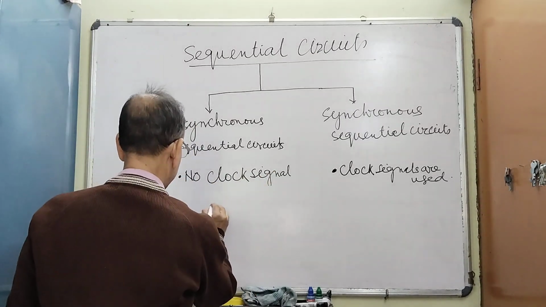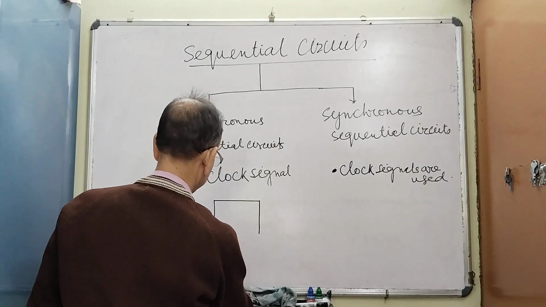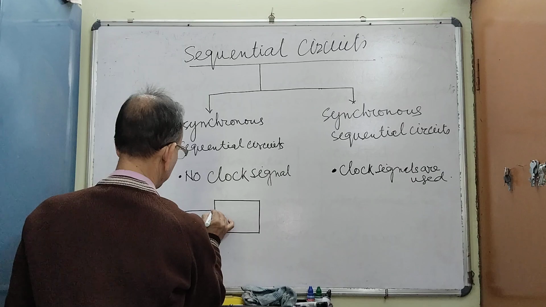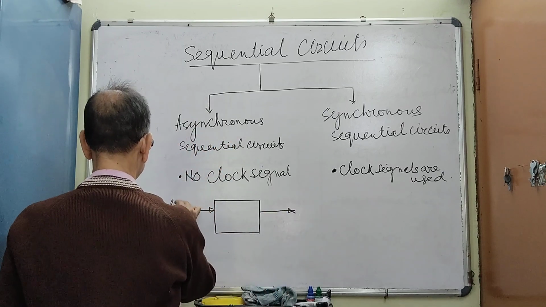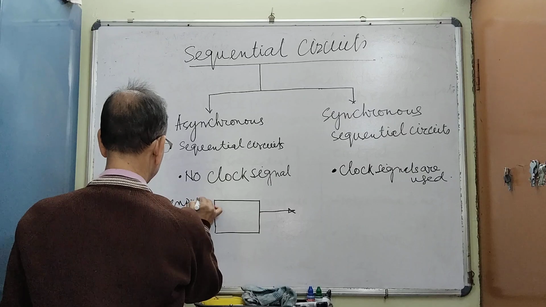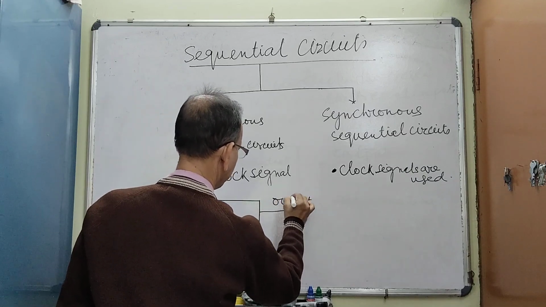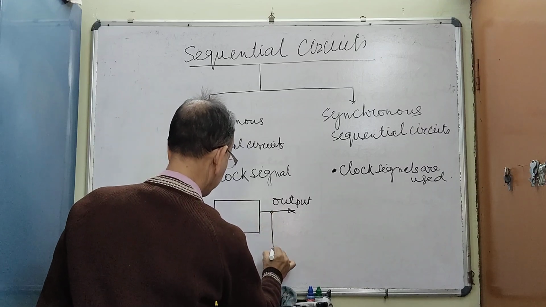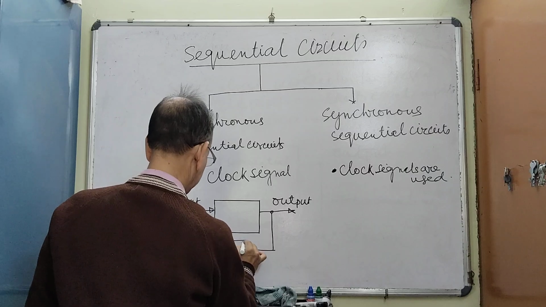So this is a combinational circuit, and this is the input and this is the output. From the output there is a memory.